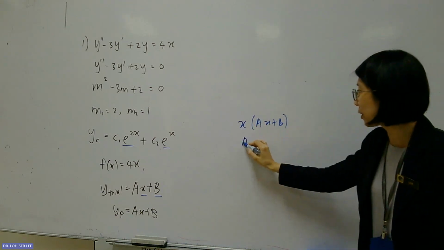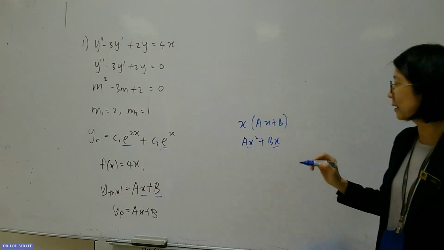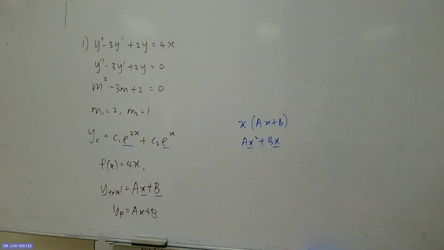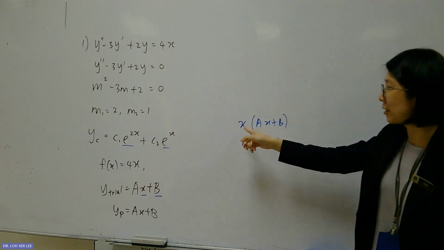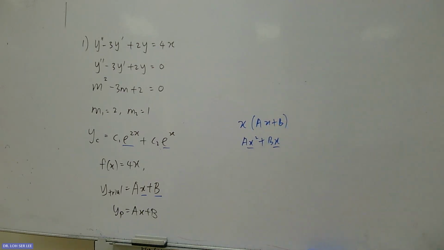After you expand, you have ax squared plus bx. Then we check again: is there any duplication between this y trial and the yc? If no, then that is your yp. If yes, we multiply one more x, then you have x squared. We will multiply by x until there is no duplication between the y trial and the yc.